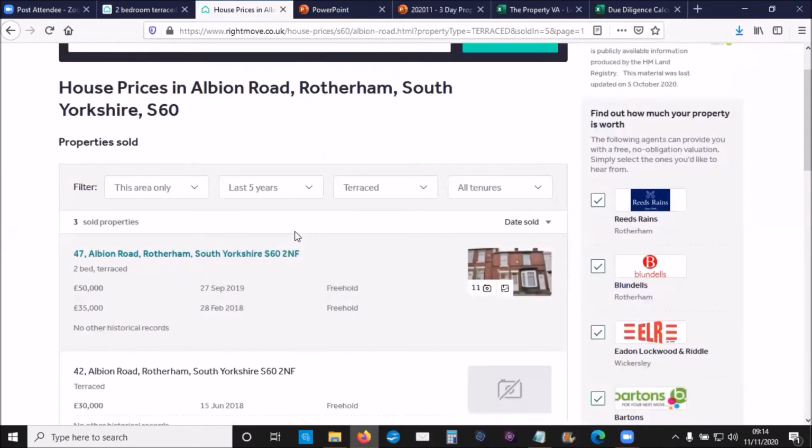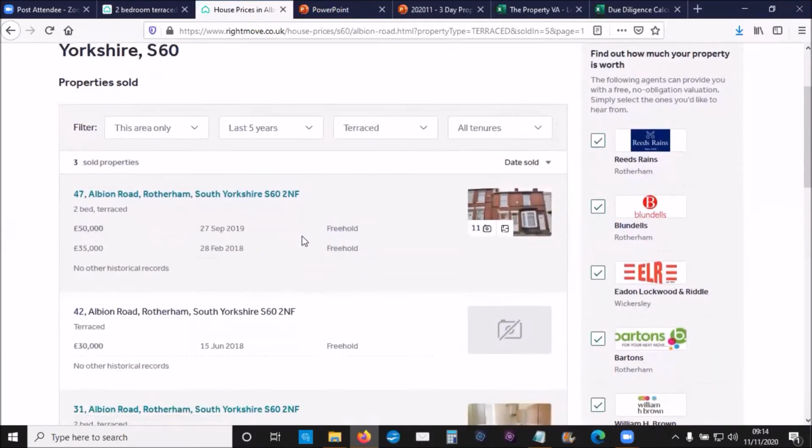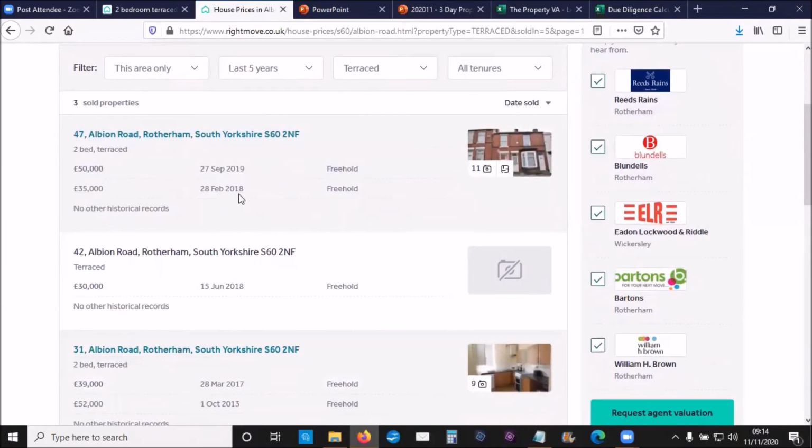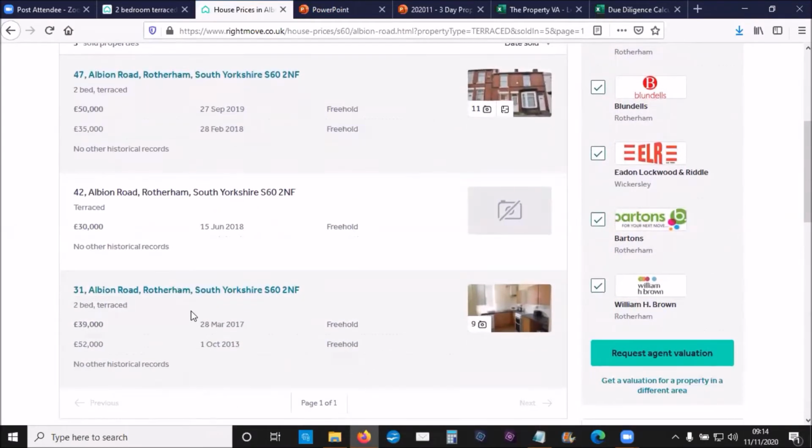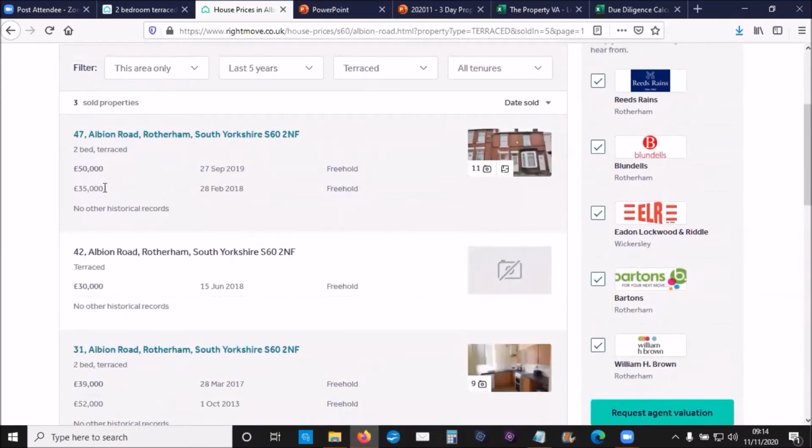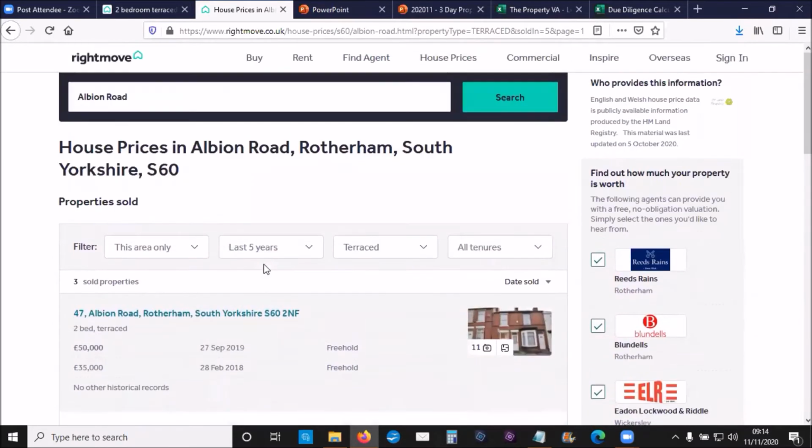Last 5 years. Okay. So we have here, it's obvious why it hasn't sold for the last 4 years. It's because it's overpriced. This one sold for 50,000. This one sold for 30,000, and this one is 39,000.